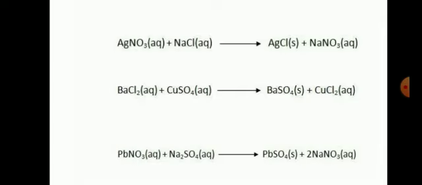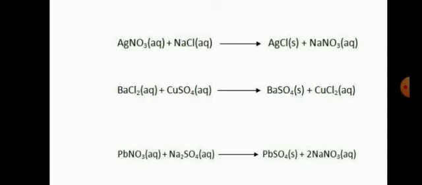Now let us see the second example here. BaCl2, which is barium chloride, an aqueous solution, on combining with copper sulfate, CuSO4, also an aqueous solution, will give you the end products BaSO4, that is barium sulfate, which is solid in state, and CuCl2, an aqueous solution.